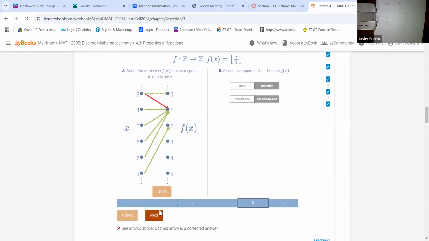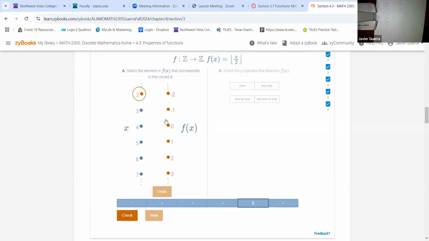Try it again. All right, 2 is 1. 3 is 1. 4 is 2. 5 is 2. 6 is 3. 7 is 3.